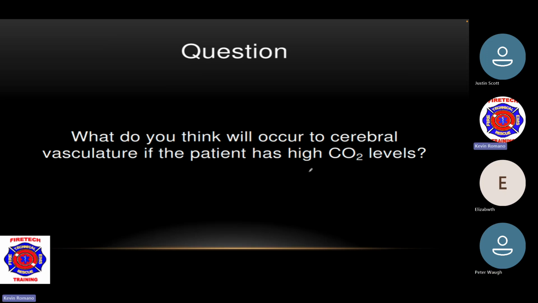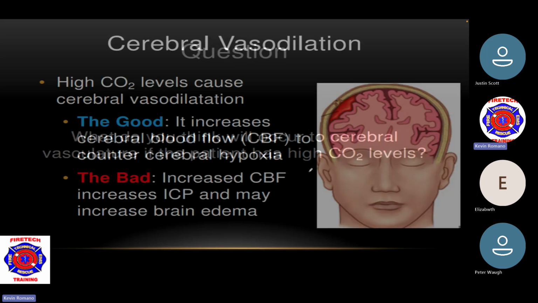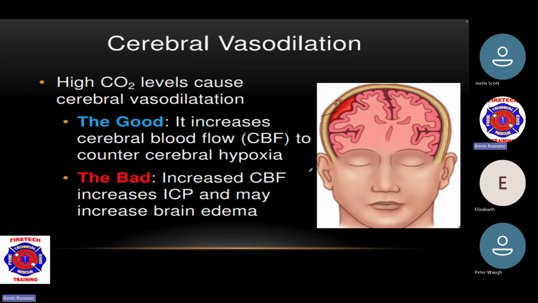Dilator. Yes. So the patient has high levels of carbon dioxide. The good is that it increases cerebral blood flow to counter that cerebral hypoxia. The bad is that increased cerebral blood flow increases ICP, which may increase brain edema, therefore causing herniation. And if your brainstem herniates, the patient's dead.